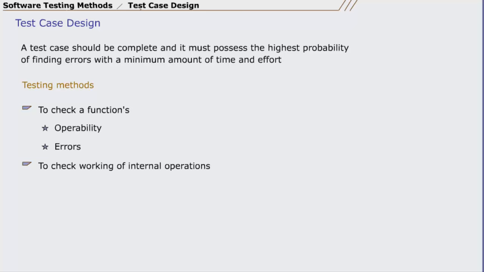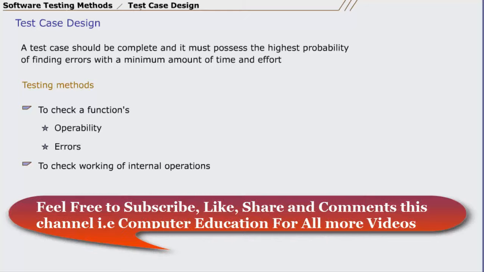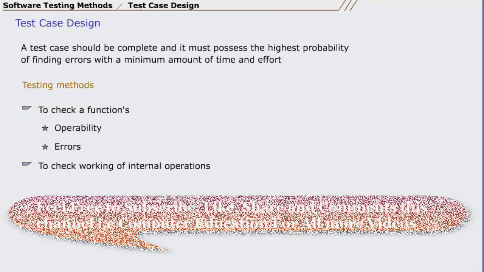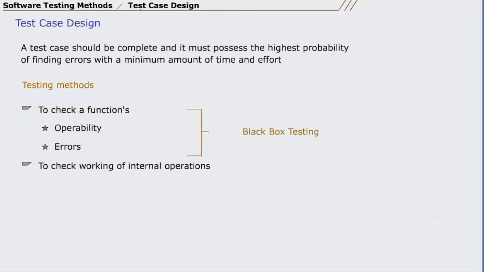Knowing the internal workings of a product, tests can be conducted to ensure that internal operations are performed according to specifications and all internal components have been adequately exercised. The first test approach is called black box testing and the second white box testing. Since white box testing requires exhaustive testing, therefore mostly white box testing is preferred.